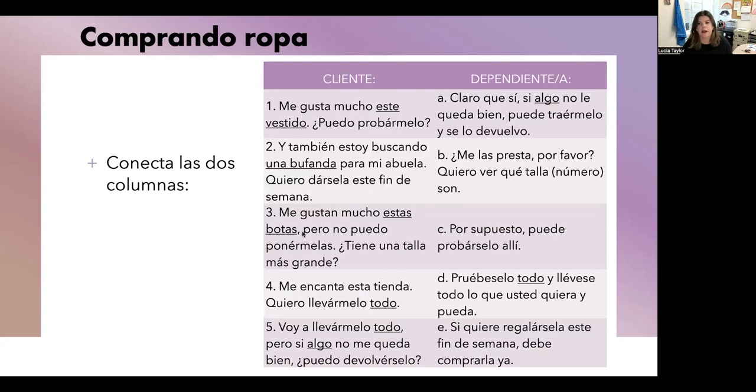Then there will be another question in the quiz where you have to match what the client is saying and what the seller is saying.